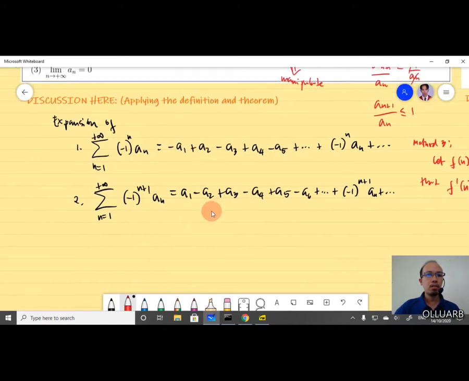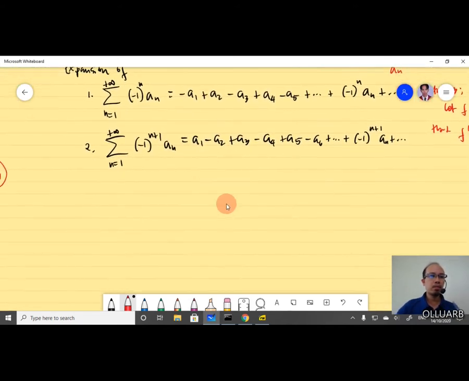So for our first example, let's choose color, let's say purple. Example 1. Since our topic is about alternating series, of course these examples are under the topic alternating series.